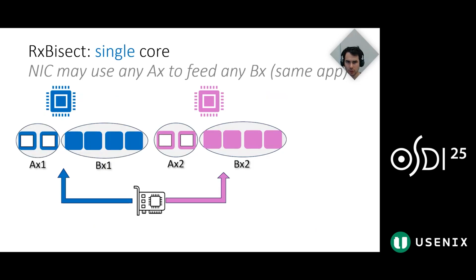The following animation demonstrates how BX rings share AX ring buffers. Suppose we have two calls of the same application, blue and pink, which use rxBisect. Suppose that the blue call suddenly receives a burst of traffic, for instance, because traffic from the other call shifted to it. Now, as packets arrive from the network, the BX ring of the blue call first consumes the buffers of the AX ring of the blue call.